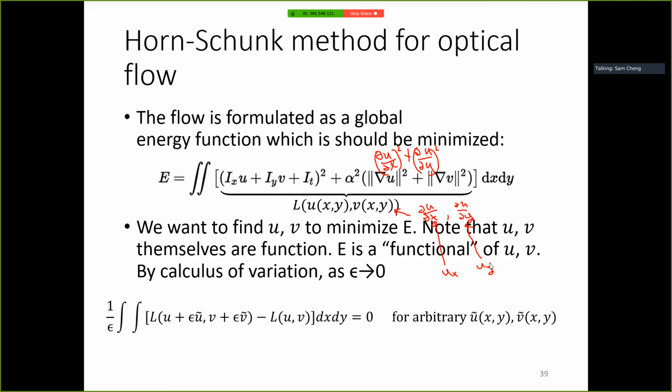Now I can say I want to minimize this. It looks pretty complicated, because E here is the integral of L, and L itself is a function of u, v and also ux, uy.